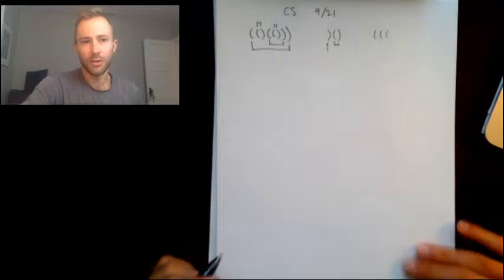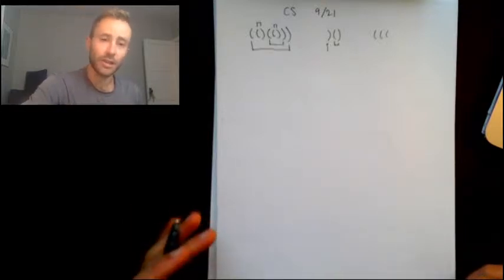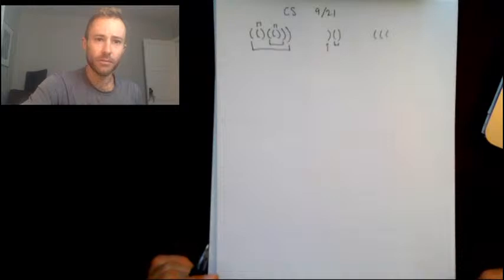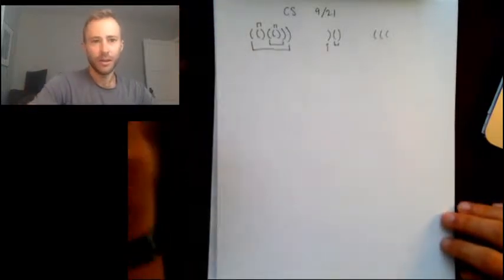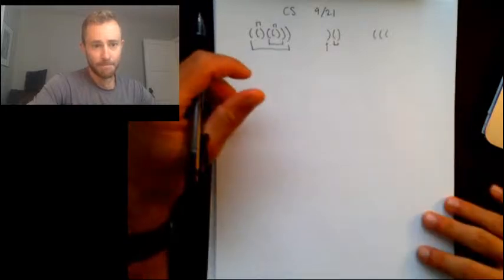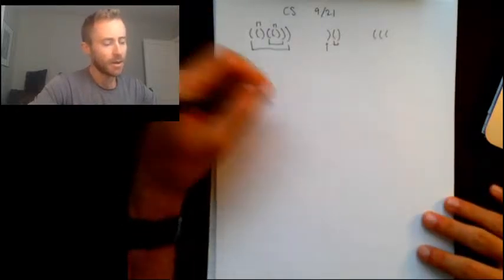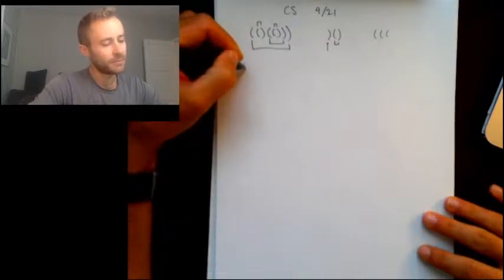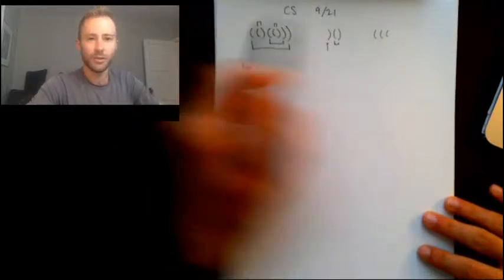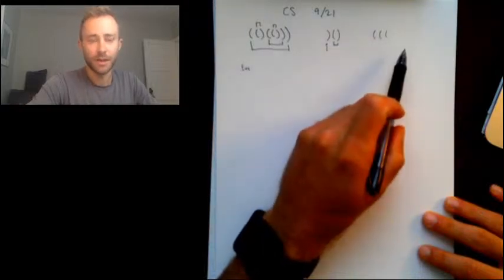So you can actually use a stack to test whether a statement of parentheses such as this is actually valid. Here's how it might work. Basically what you would do is take in a parentheses statement and parse it.